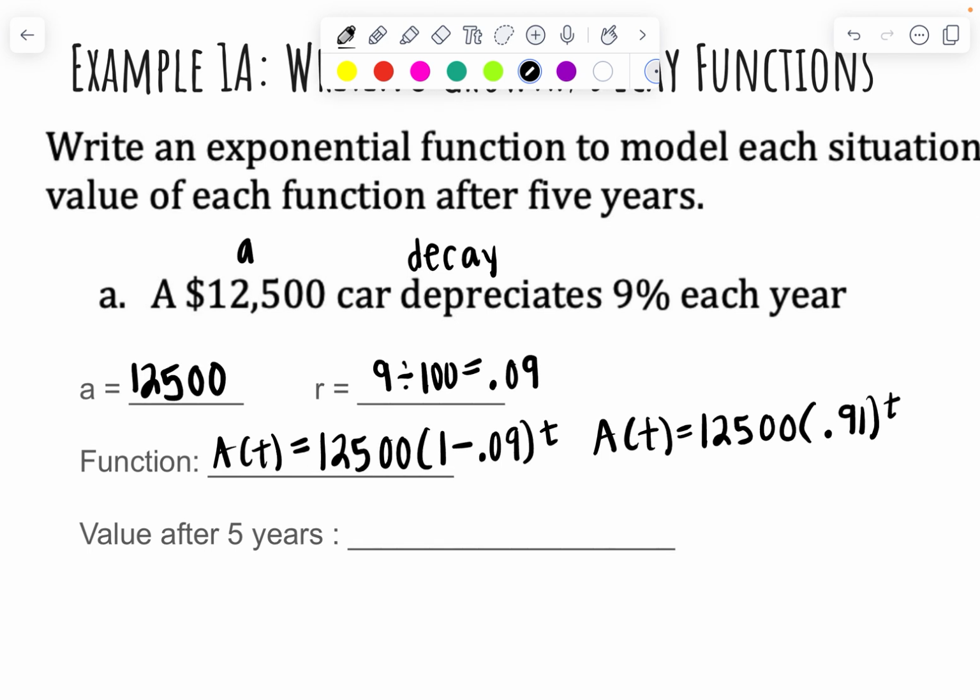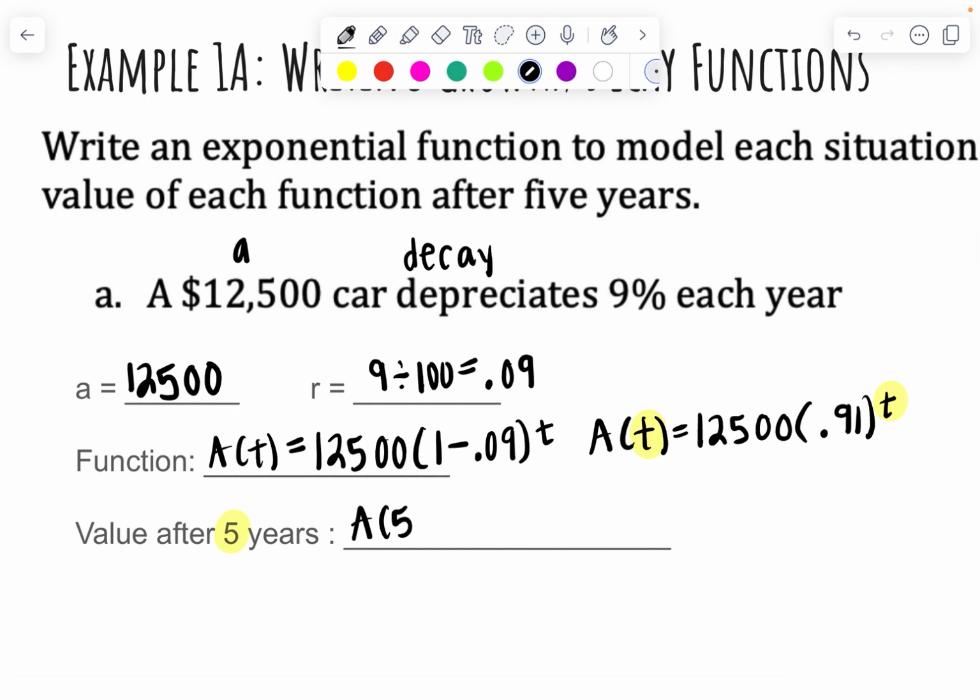And then the value after 5 years means we're going to take 5 and plug it in for our t's here. So a of 5 equals 12,500 times 0.91 to the power of 5.